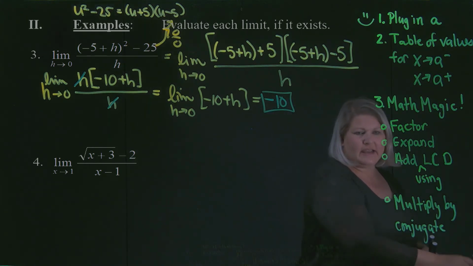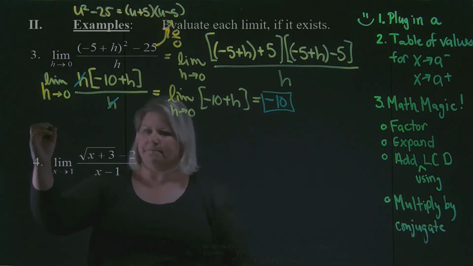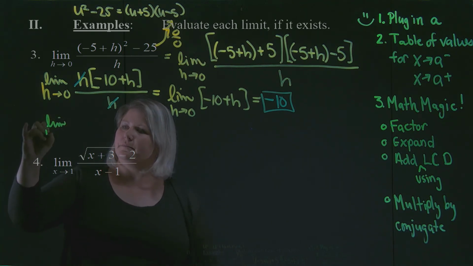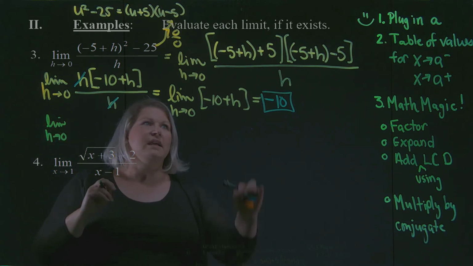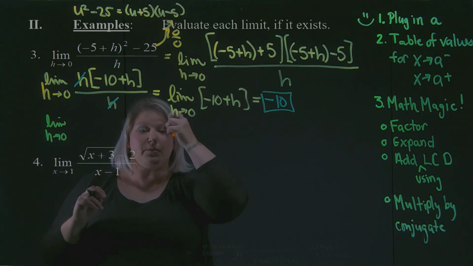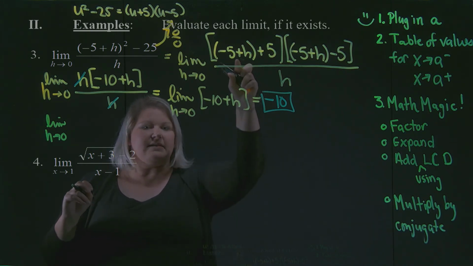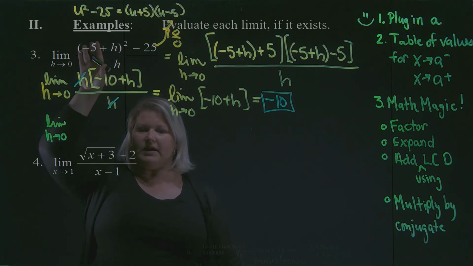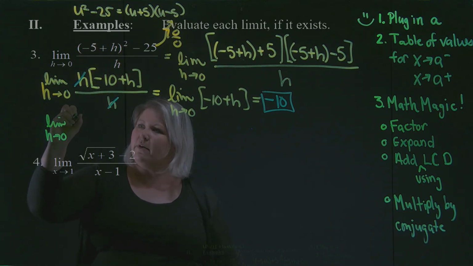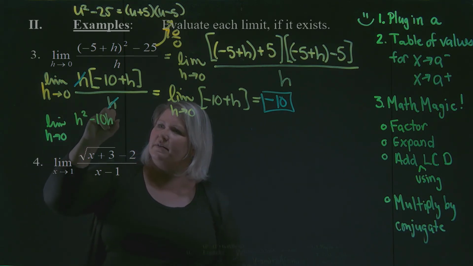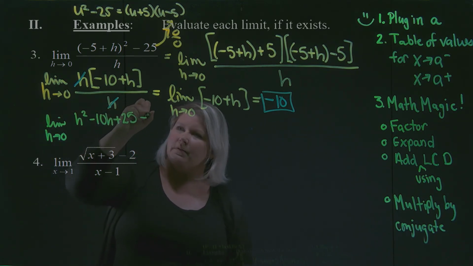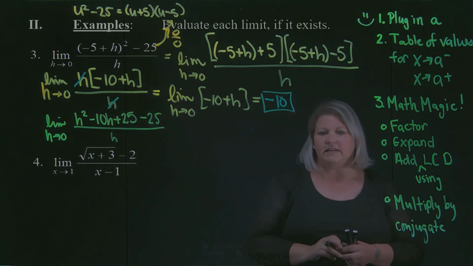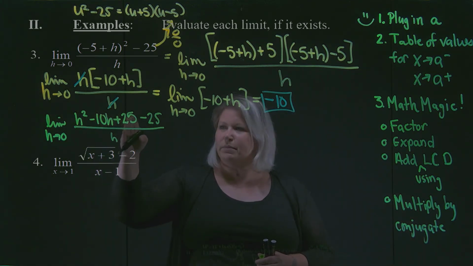If I had expanded it, let me see if I can squeeze it in here. If I had expanded that, I actually would have rewritten it first as h minus 5 squared, and then I would have expanded it, and I would have gotten h squared minus 10h plus 25.